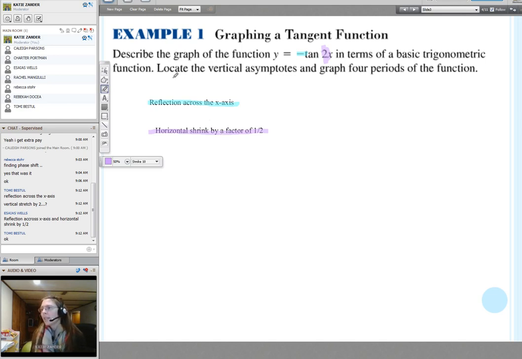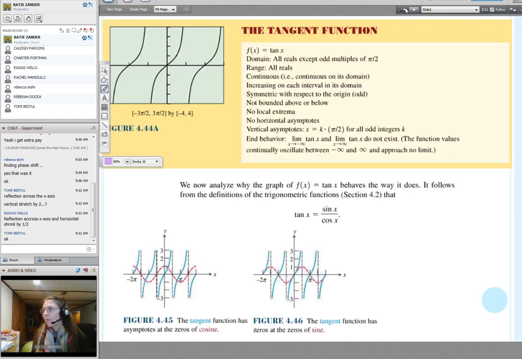All right, now it does say to locate the vertical asymptotes and graph 4 periods of the function. We should be able to find the vertical asymptotes without having to actually look at the graph. So when we go back to the description of our tangent function, it says that our vertical asymptotes are appearing at odd multiples of k, not necessarily odd integers.